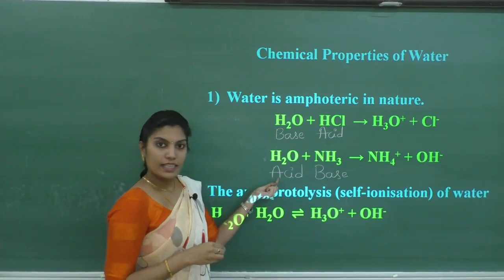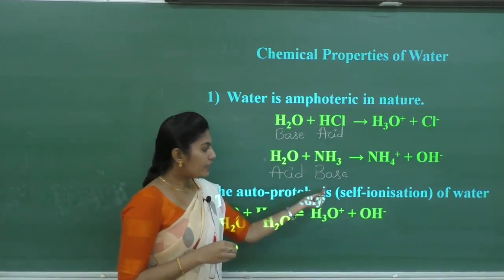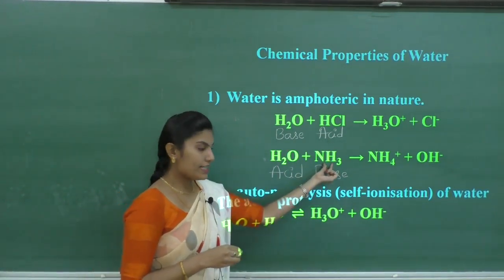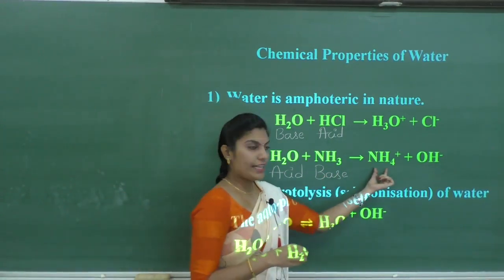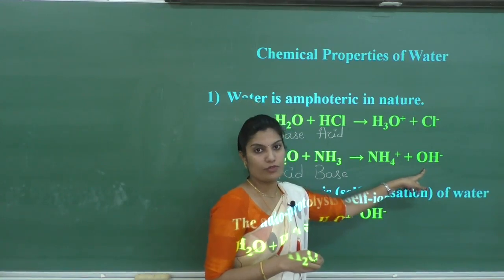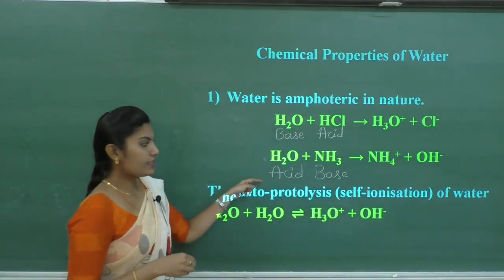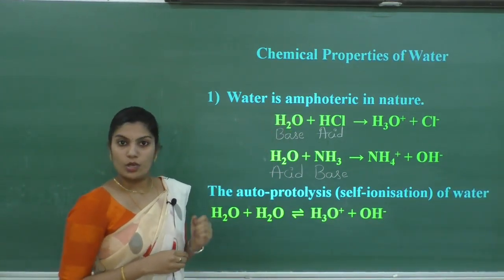In this case, water will donate a proton to a base. This base will receive the proton, and NH3 is going to form NH4 plus. When it receives the H plus ion, NH4 plus is formed and OH minus ion will be left in the solution. Cleared? This is about the amphoteric nature of water.